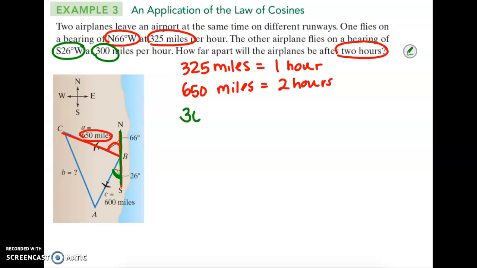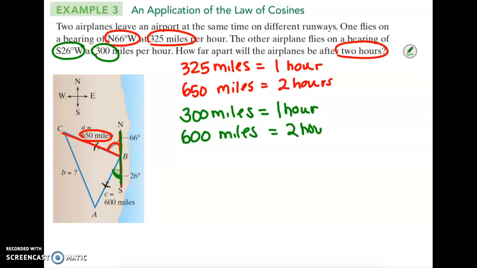So 300 miles in 1 hour, and again, we're 2 hours past. So this plane is now 600 miles away from its airport. So this distance now is here, 600 miles.